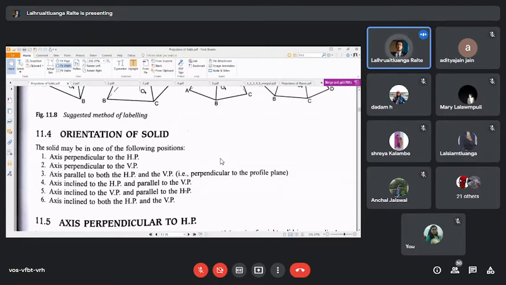Up till here, for sure we are going to do it, but if time doesn't permit, we may have to skip the last part, axis inclined to both the horizontal plane and the VP, as it takes a little bit of time to explain and for you all to grasp. But from the practice that we are about to do, you can have the idea.